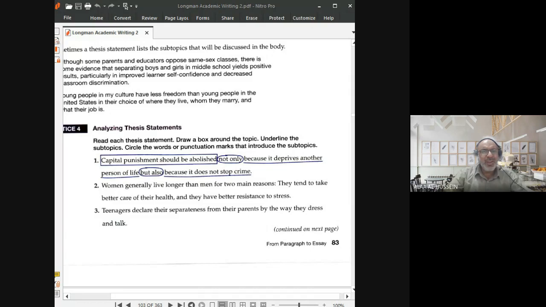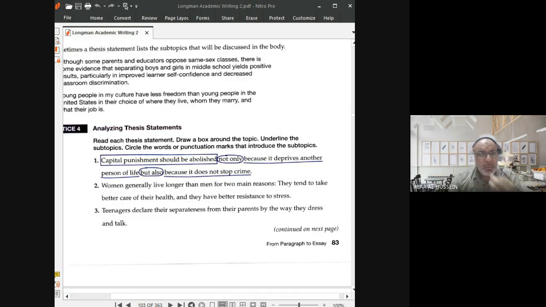You might have another idea, saying capital punishment should be legalized, should be established, and you also have sub ideas to support your main idea. So capital punishment is the topic, and should be abolished here is the main idea.